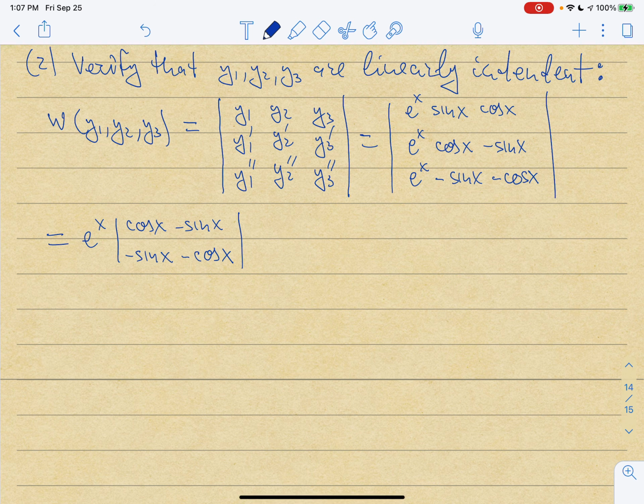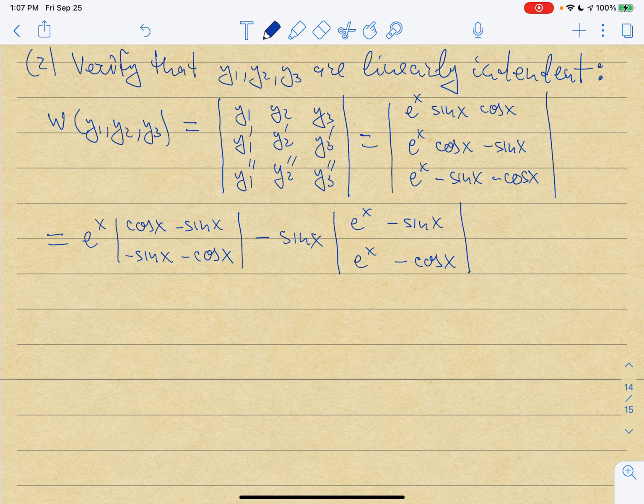And then the second element in the first row is sine x, because it's an element with indices 1, 2. Total is odd number, so minus sine x times the determinant of a matrix that remains if I remove the second column and the first row. So that would be e to the x, minus sine x, minus cosine of x.